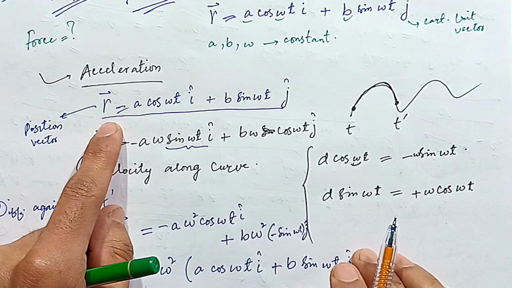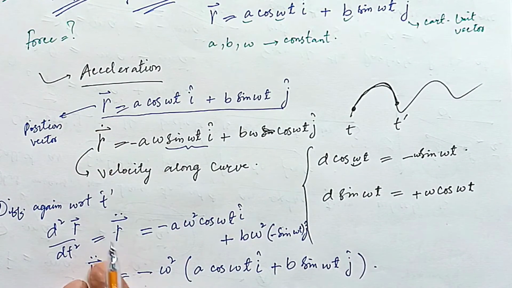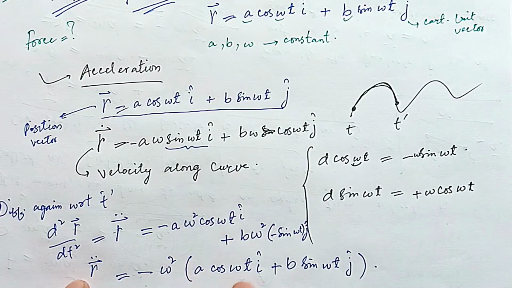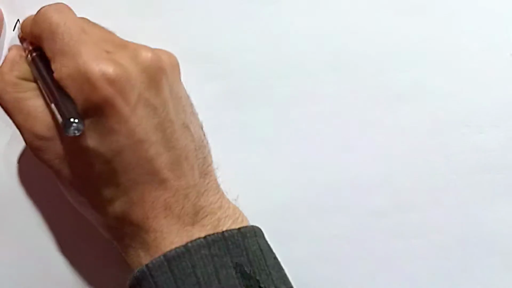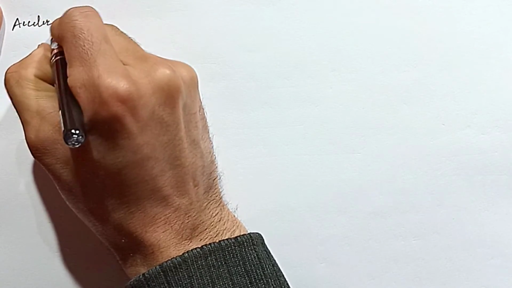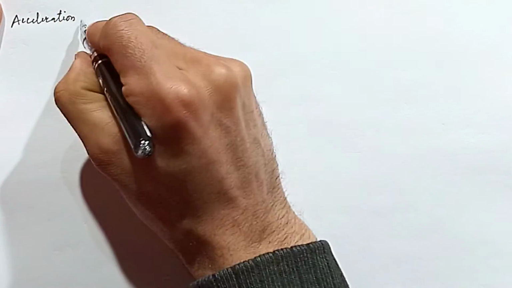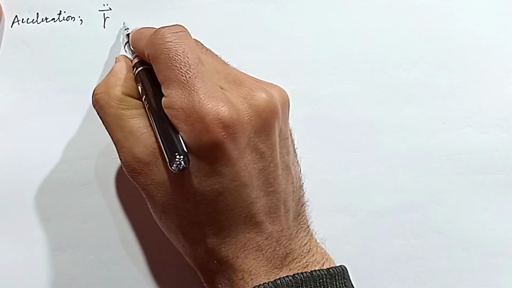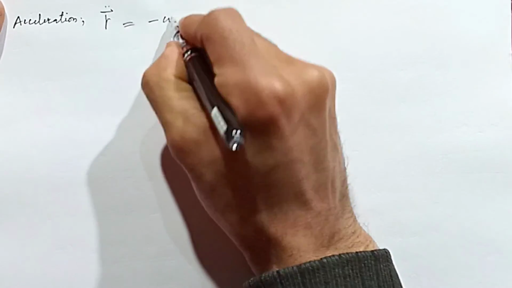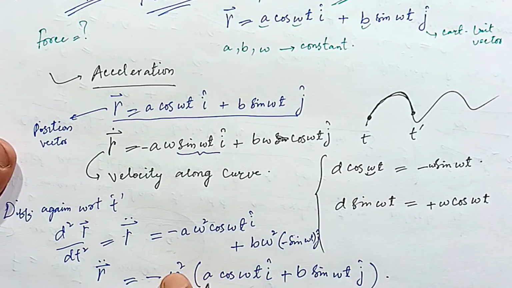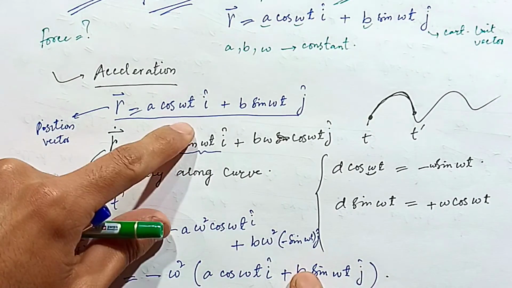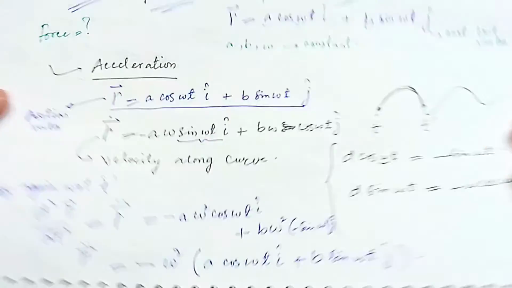So r double dot will be equal to minus omega squared times this very stuff, and this is r, so we can write the acceleration, that is r double dot, as minus omega squared r.